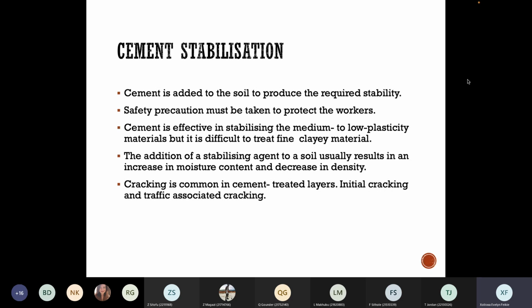You cure it because you want to manipulate or influence the strength gain. In big construction places, they will wrap the columns with plastics, right? In slabs, they will spray them with water or cover them with something just to protect them.